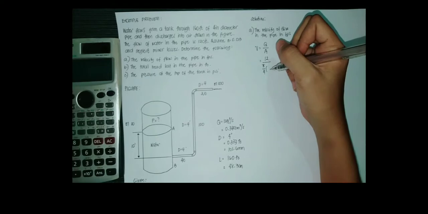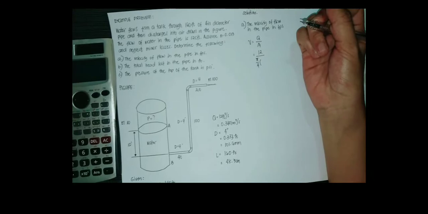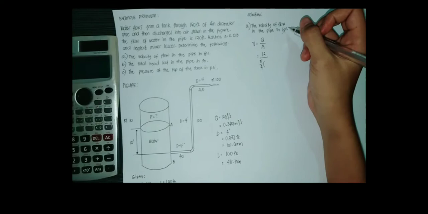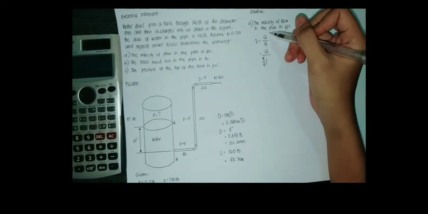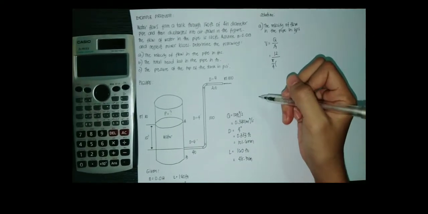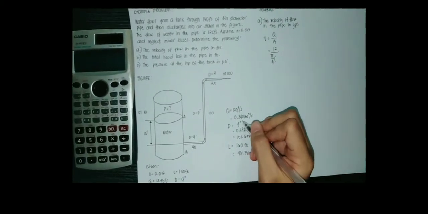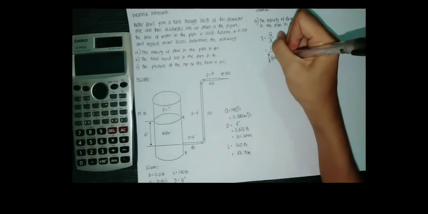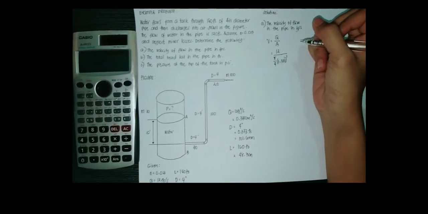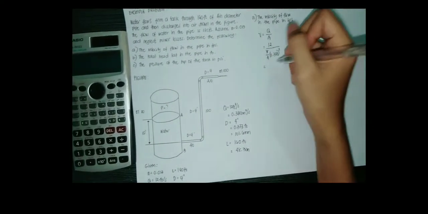Since we are using feet per second, we take the values in feet. Our flow rate is the value in feet, which is here, and the diameter in feet, which is 0.333 squared.